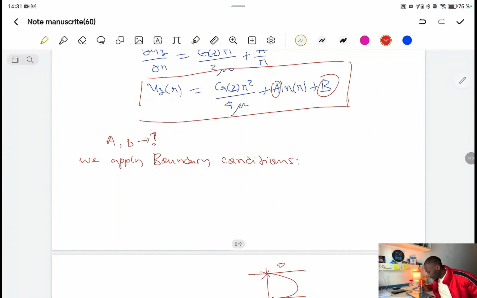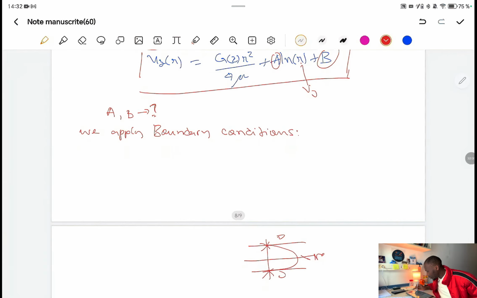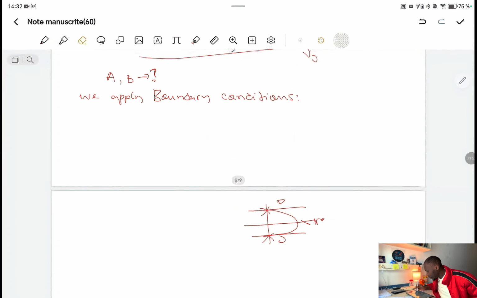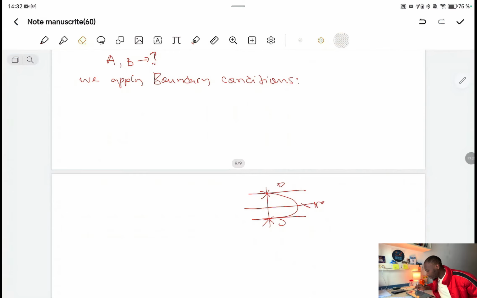If r is 0, with the maximum velocity, we don't want this to be infinite. If it is, we'll have an infinite speed profile, and we don't want this to happen. So we know that A for us is equal to 0.